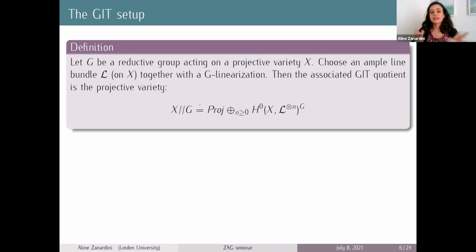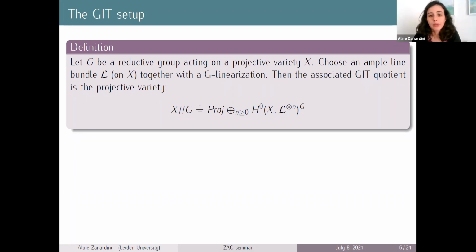Okay, so let's start with some projective variety X, and let's assume there's some reductive group G acting on it, and let's choose some ample line bundle L on X. So use some power of it to embed X in projective space, and let's also choose a lift of the action on X to the total space of L, which is linear on the fibers.